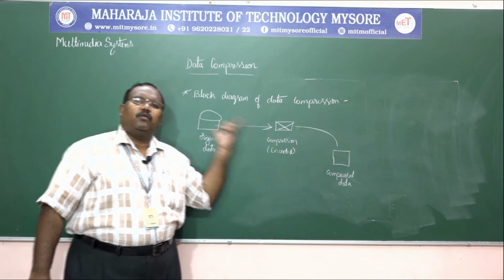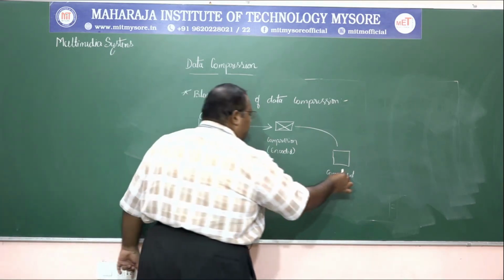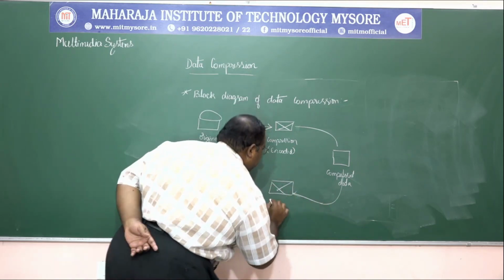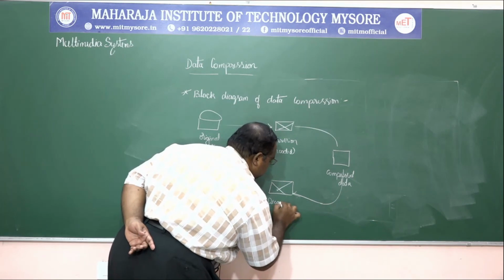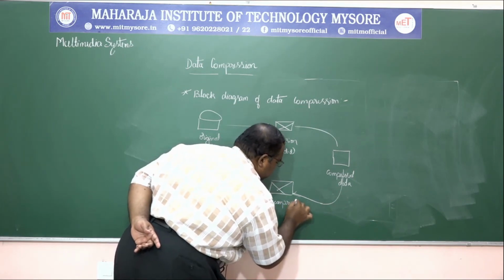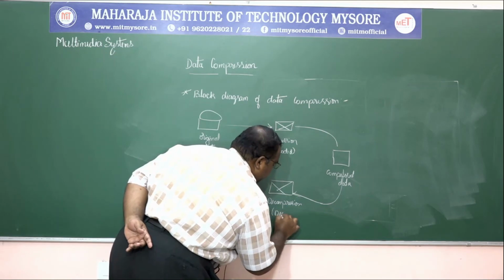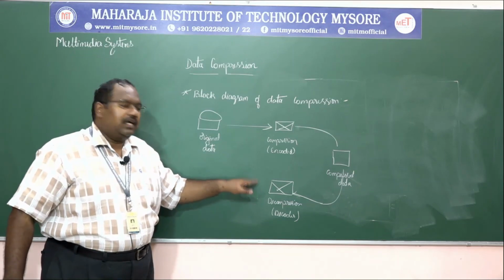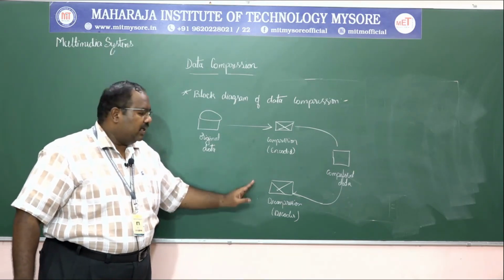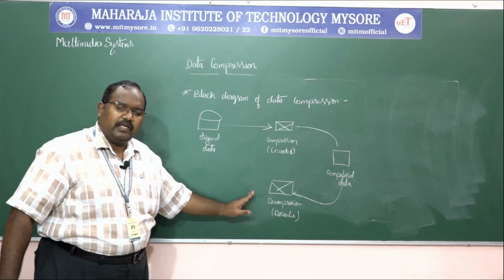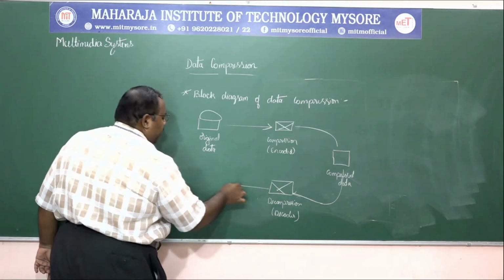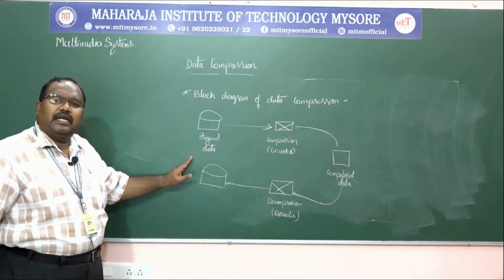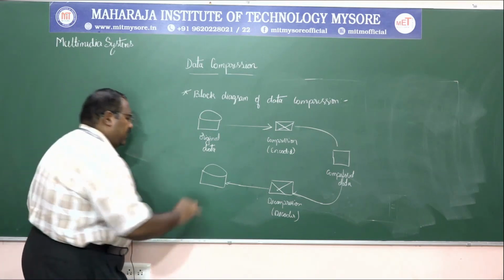So if we want to regain the original data, what do we do? The same is done again: decompression, and that process is called decoder or decoding. So next is the encoding or encoded format. Here it is called decompression or decoding format. After doing decoding, we will be able to get back the uncompressed or decompressed data.